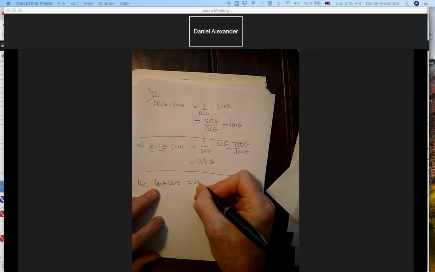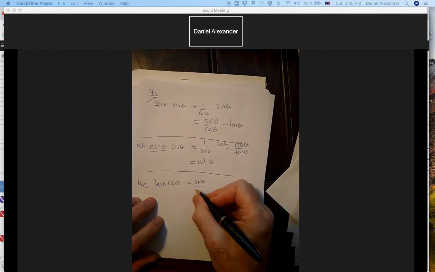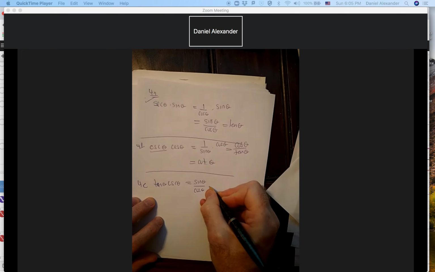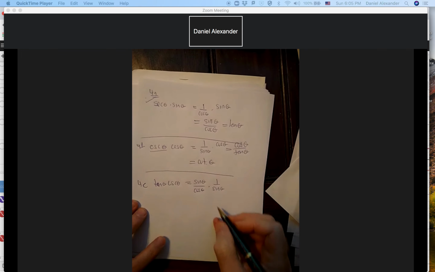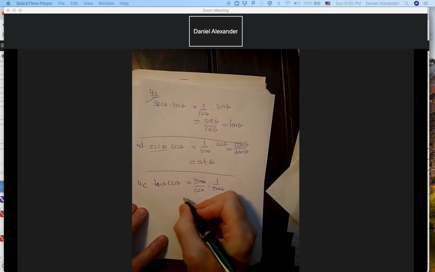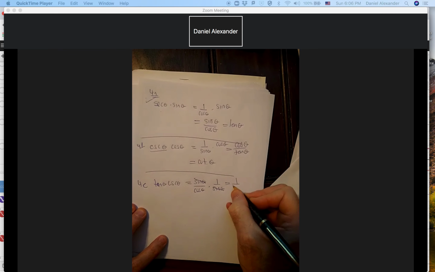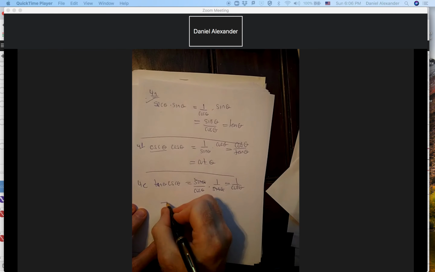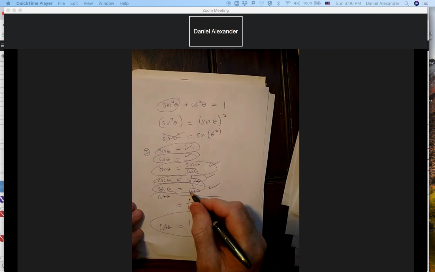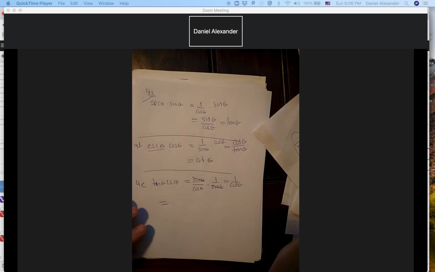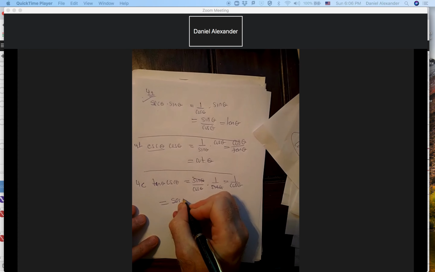So tan theta, as we saw, you can look up there and see it is sine over cosine. Cosecant is 1 over sine. Those cancel. And we're left with 1 over cosine. Now that should be familiar, so you go back, let's look on the page we just did. 1 over cosine, that's secant. So this ends up being the secant theta.